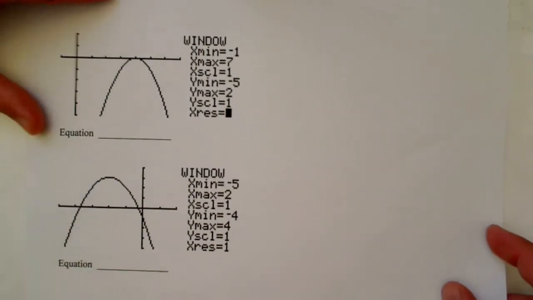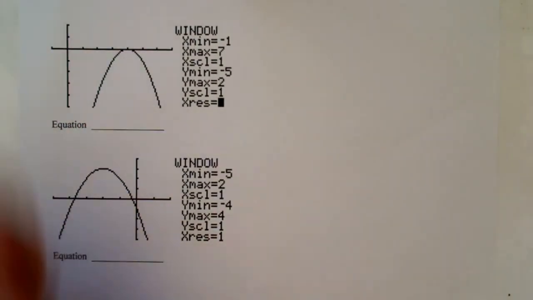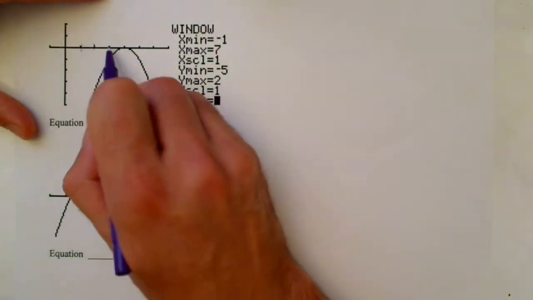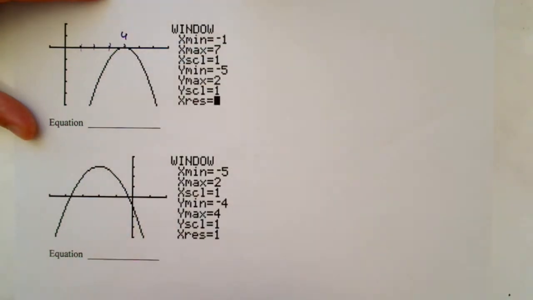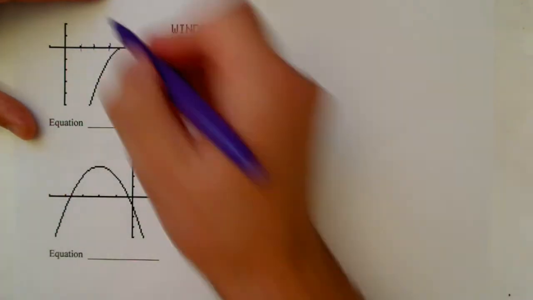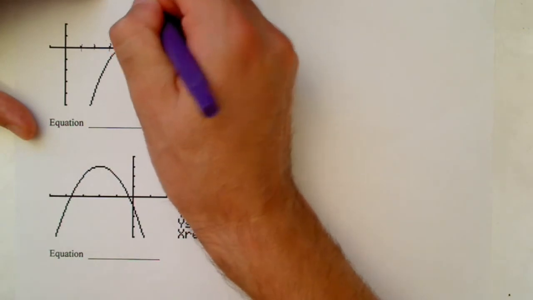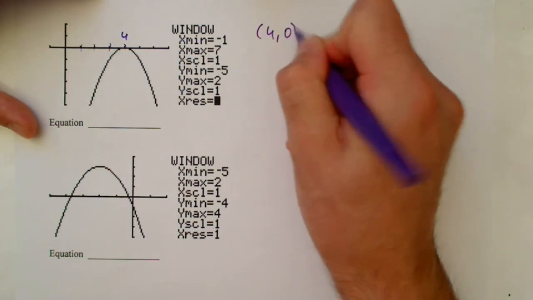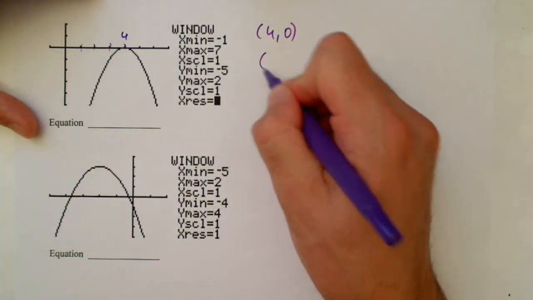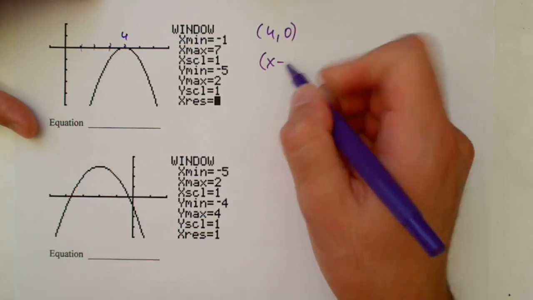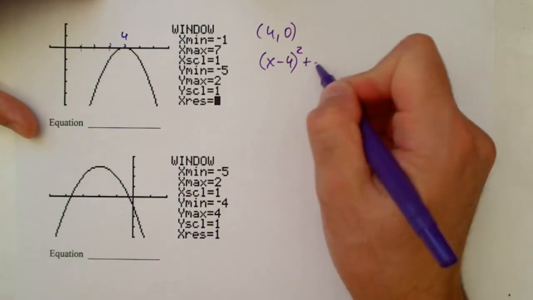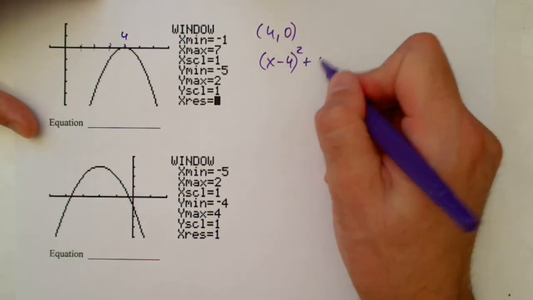Next function we have right here, and again let's check our vertex. Our vertex is 4, 0. If we have 4, 0 for the vertex, our basic formula is (x minus our horizontal shift, which is 4) squared, plus our vertical shift, which is 0.